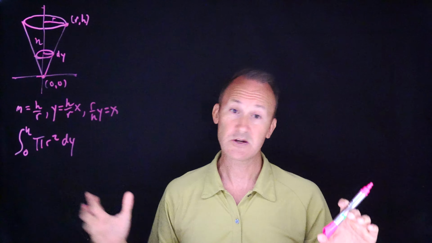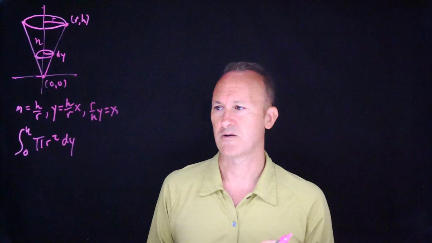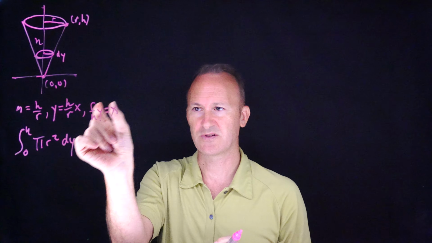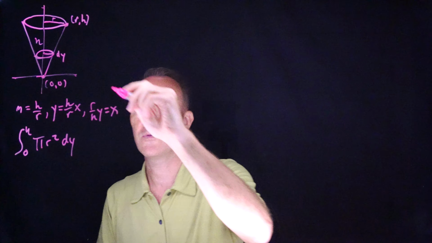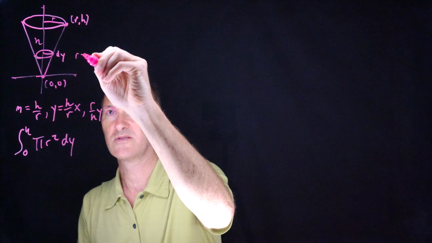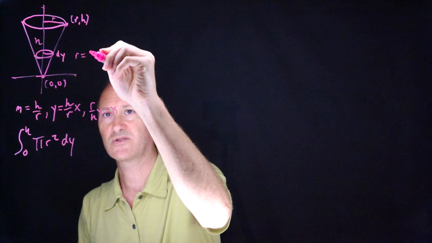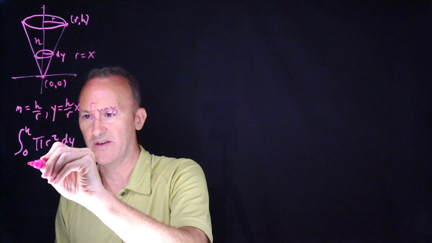R and h are just a particular cone with a particular r and a particular h. So what we're going to do is substitute this in for x, because the radius is equal to x, no matter where your circle is. Let's try that.